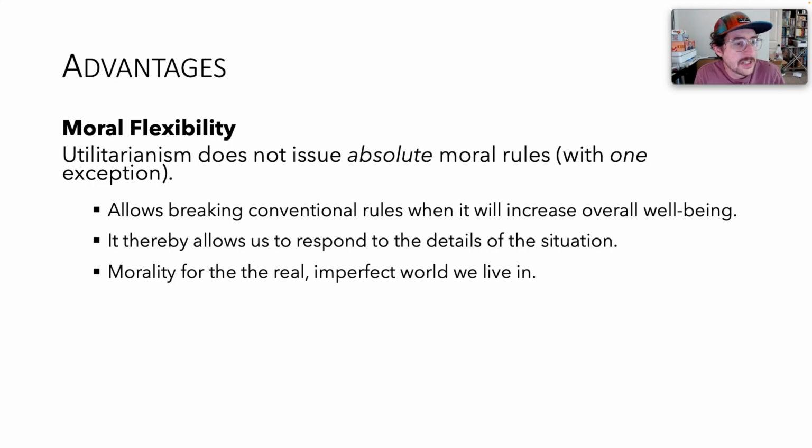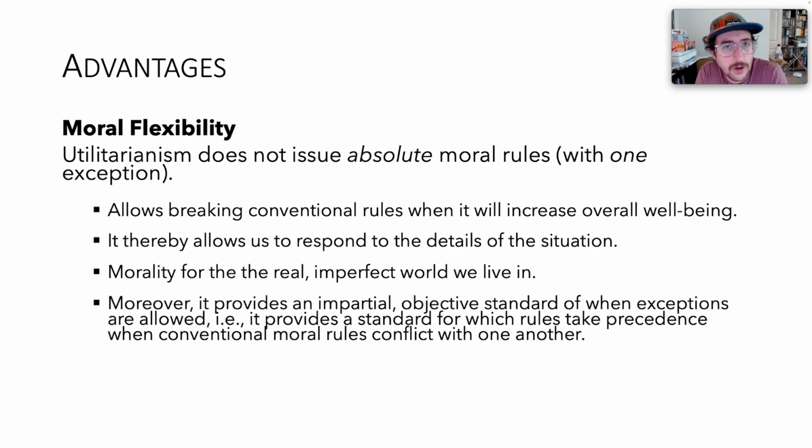And they might sometimes come looking for information about where the people are that they want to abuse. We need a morality that lets us respond to the fact that we live in that imperfect world. We want a morality that helps us live in the actual world and not some idealized world that's far removed from anything we find ourselves actually in. So by allowing us to respond to the details of the situation, it allows us to maybe make the best of a bad situation.